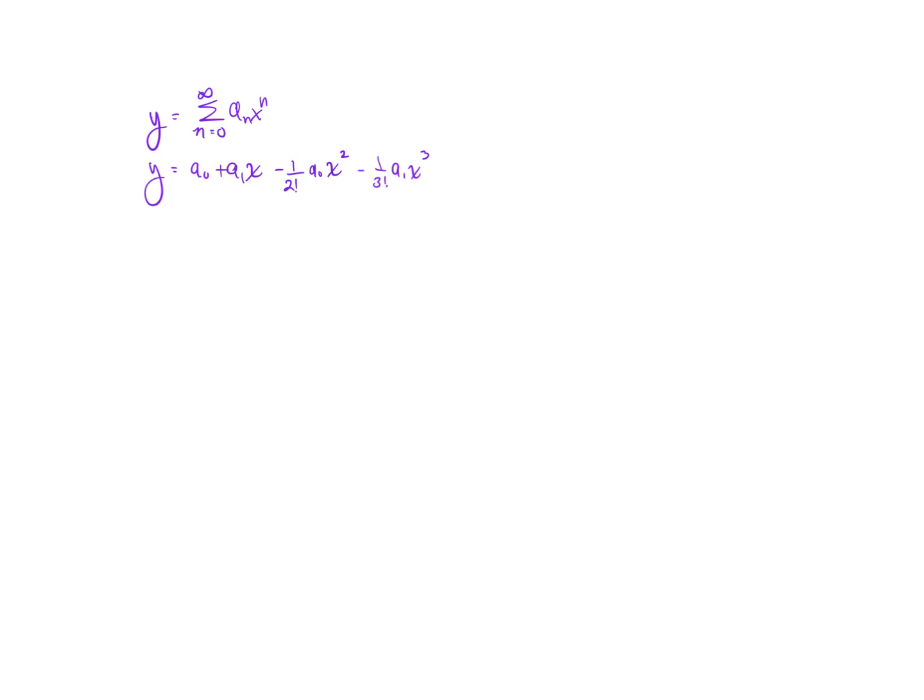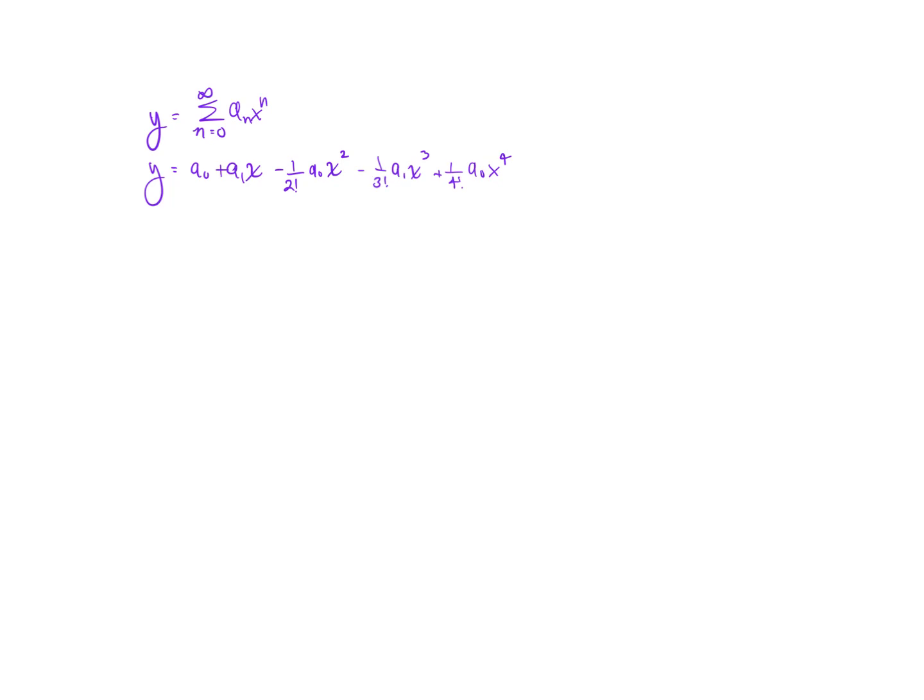And then now we're up to n equals 4. So we now have a sub 4 x to the 4. So we have plus 1 over 4 factorial a naught x to the 4th.